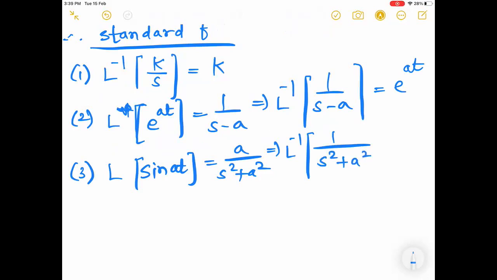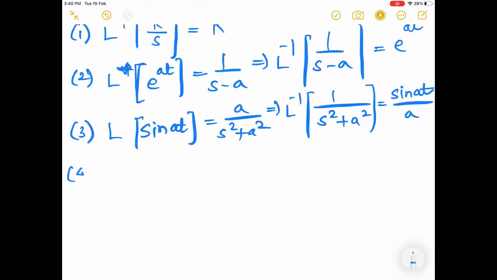So if there is some constant, it can be shifted to the other side and written as sine of at upon a. Is it making sense? Inverse transform of 1 upon s square plus a square. Following or not? This one, a, I have shifted to the other side because that's a constant.